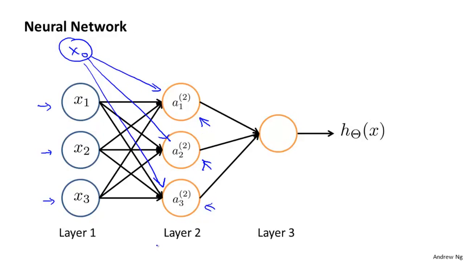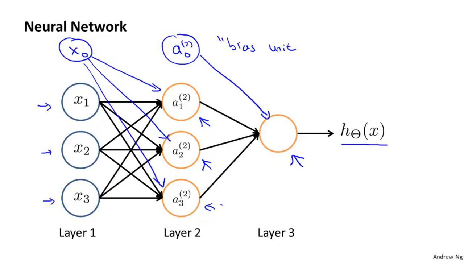I'll talk about those indices later. And once again, we can, if we want, add in this A0 and add an extra bias unit there that always outputs the value of 1. And then finally, we have this third node at the final layer that outputs the value that our hypothesis h of x computes.